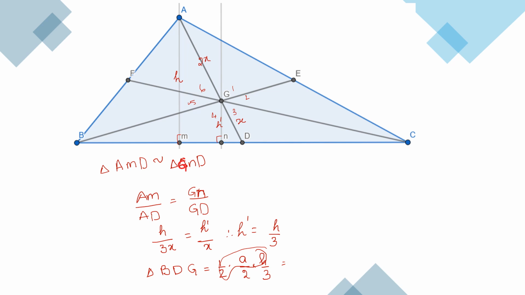So, area of triangle BDG is area of triangle ABC by 6. Similarly, we can use the same logic and drop altitudes from other vertices to find out that each smaller triangle's area is 1/6 of the area of triangle ABC.